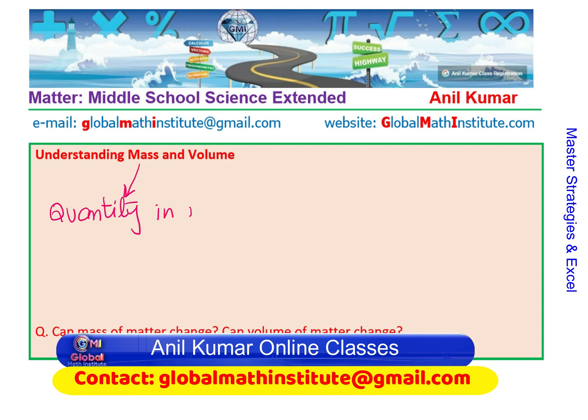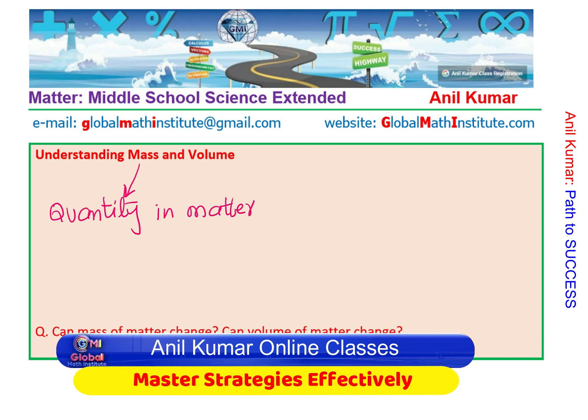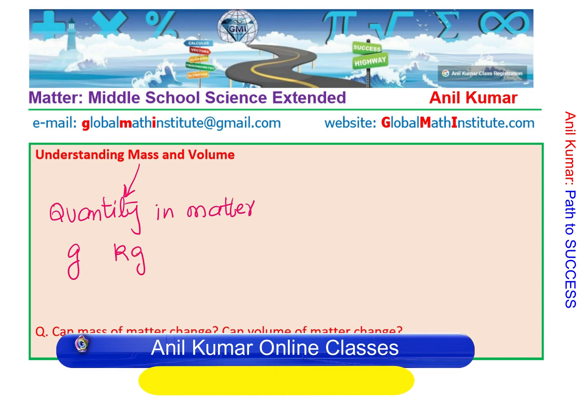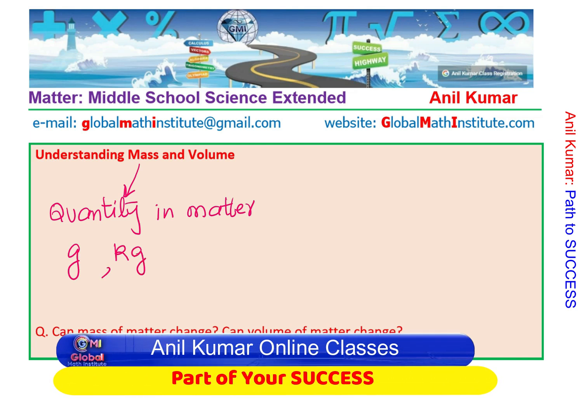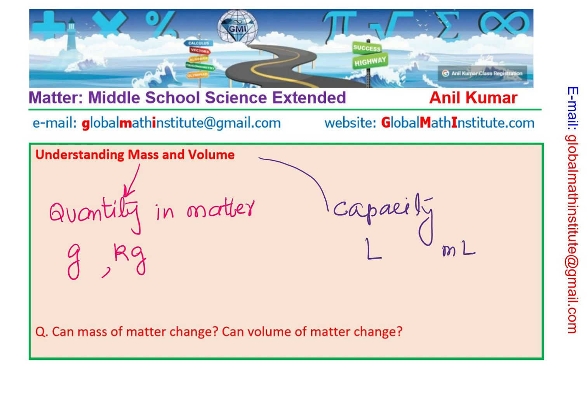Mass is quantity in matter and is measured normally in grams or kilograms. The volume, which refers to capacity, space in three-dimensional units, is measured in liters or milliliters.